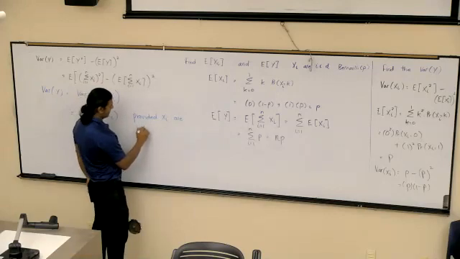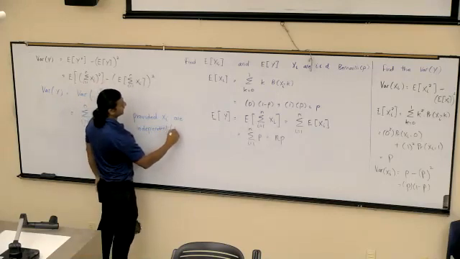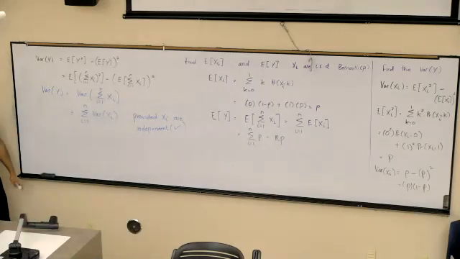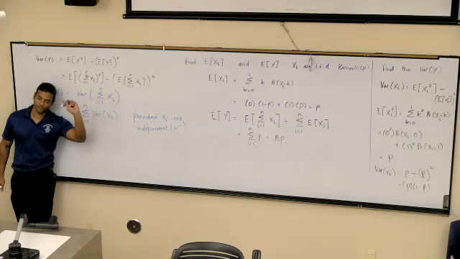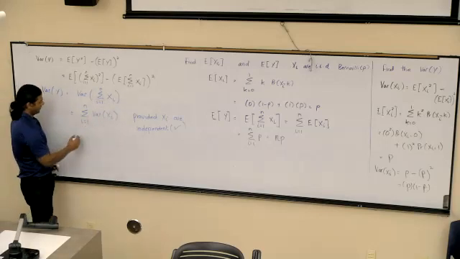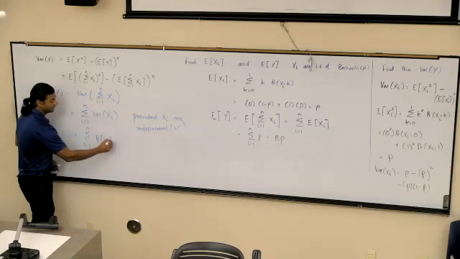Which they are, so it checks out. Since that is the case, we can just sum the variances. If they're not independent, then we've got to put in the covariance and it'll get really painful. So I know the variance of Bernoulli, which is p times 1 minus p.